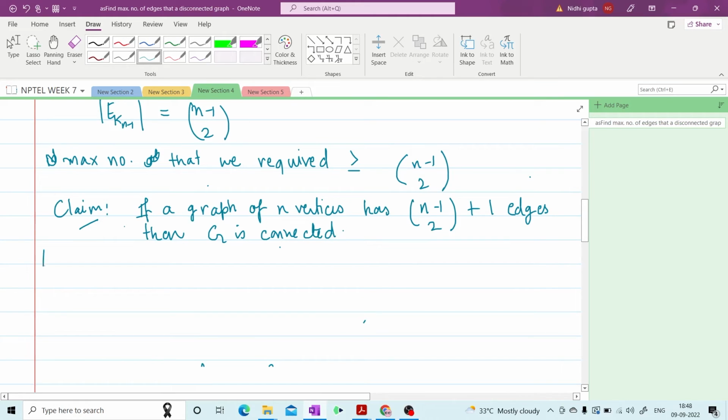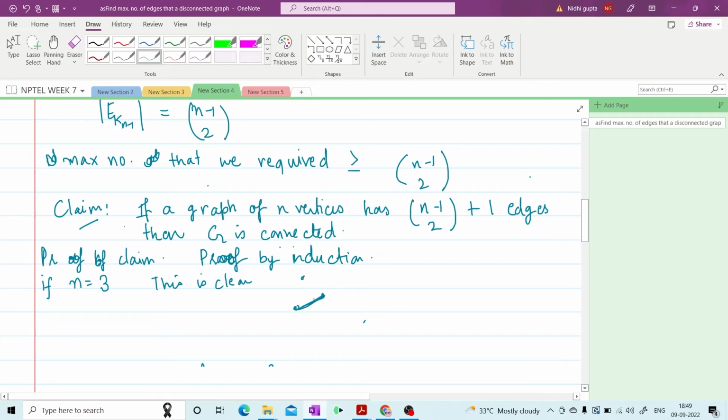Now we'll prove this. Proof of claim. We'll prove it by induction. If n is equal to 3, this is clear. Why? If we have 3 vertices and we want to construct a disconnected graph, it cannot have two edges. It has to have one edge.